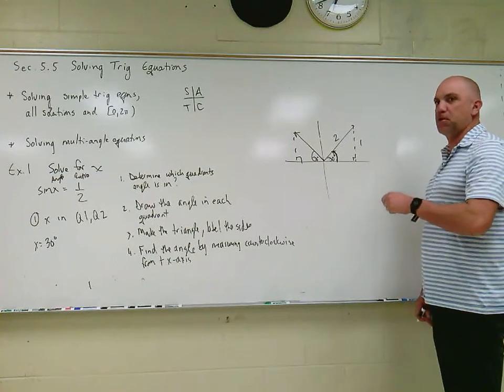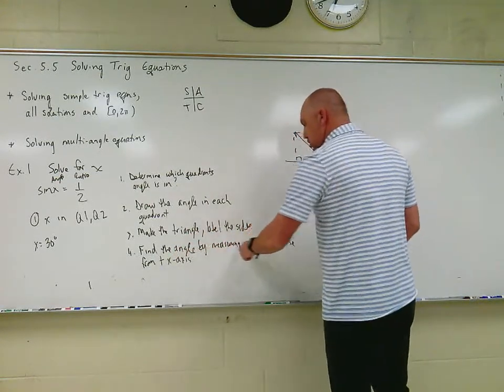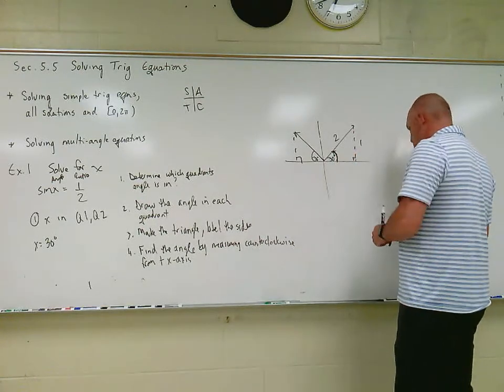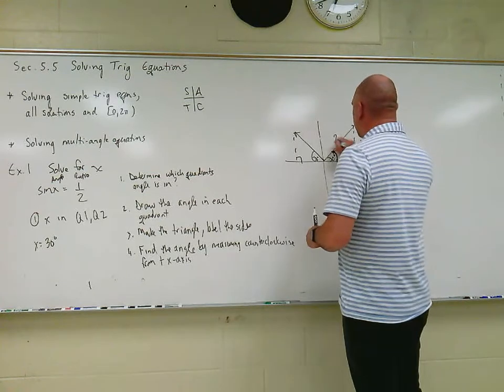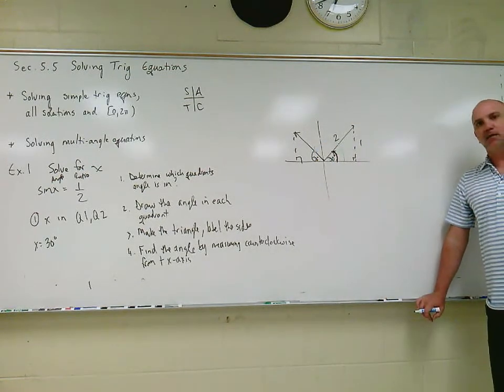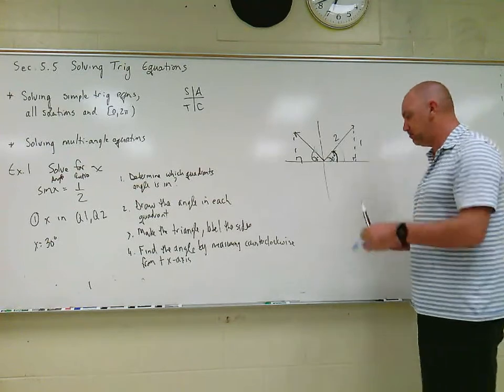But we don't put 30 again. This is why I put the last part: find the angle by measuring counterclockwise from the positive x-axis. If I measure counterclockwise from the positive x, it's this angle, the blue one. So don't put 30 again, because it can't be a 30-degree angle in quadrant 2. It's got to be 150.